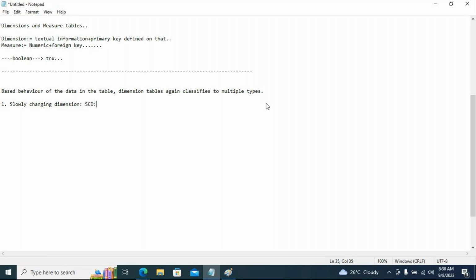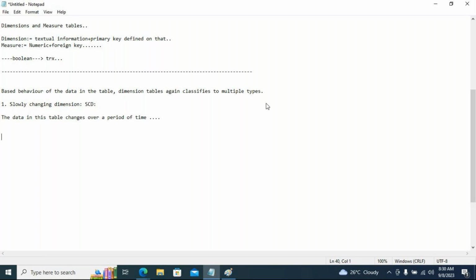No, not historical data. The data in this table changes over a period of time. Hence, this table is called a slowly changing dimension.